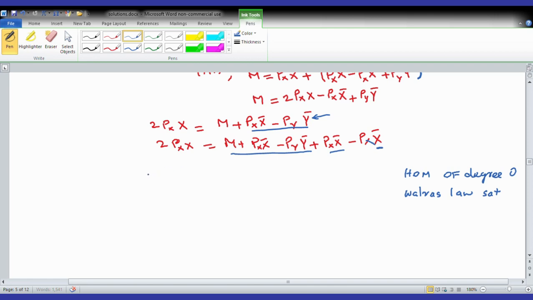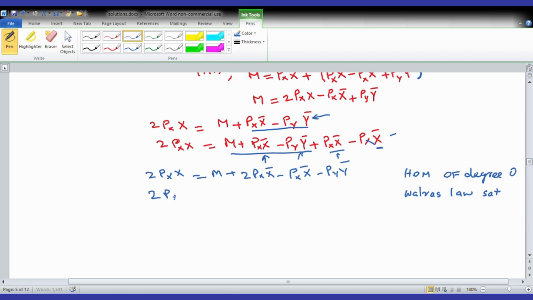And when I do this, so I get 2 px x equal to m plus this pxx bar, and this pxx bar becomes 2 pxx bar. Now I am left with this minus pxx bar minus px x bar, and this minus py y bar. So minus py y bar, and then I rearrange it a little bit.